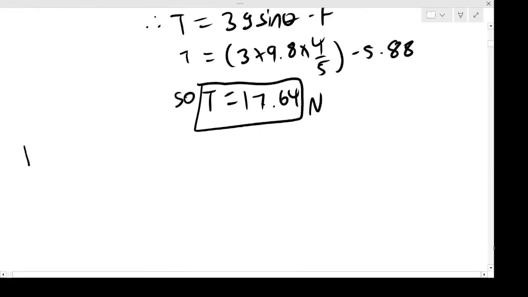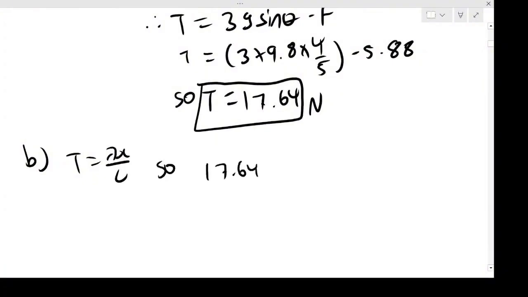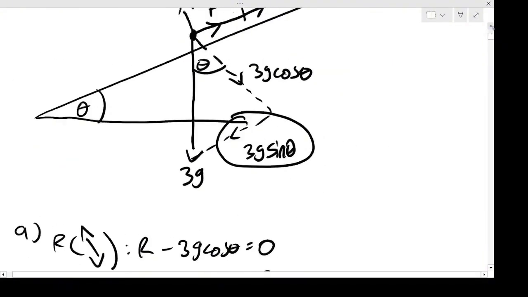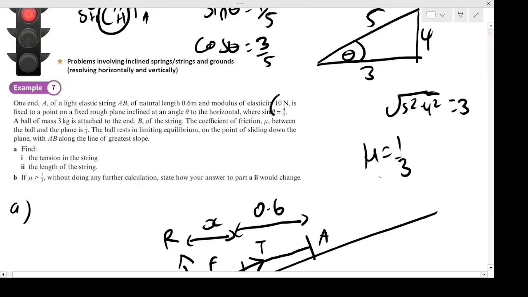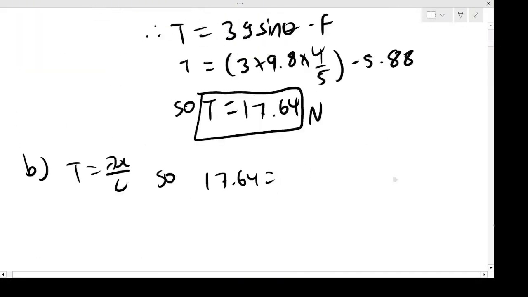Well, this is where Hooke's law comes in. So T is lambda X over L. I know T is 17.64, and that's going to equal lambda, the modulus of elasticity, which is 10, times X over 0.6 for the natural length.